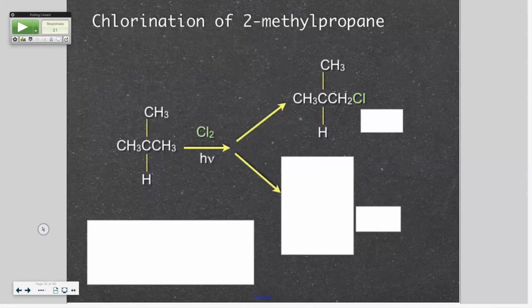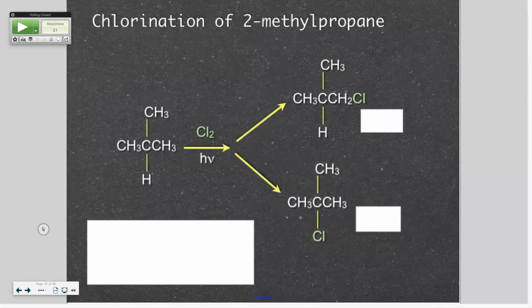All right, now the bottom one is going to be what product? What do you think it's going to be? We're going to replace this H with a chlorine. We're going to do the swap-a-roo thing. Could you draw it? Is that what you did? Good. Which one do you pick to be major now?